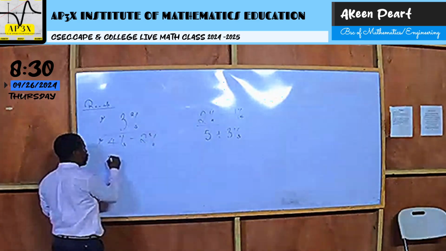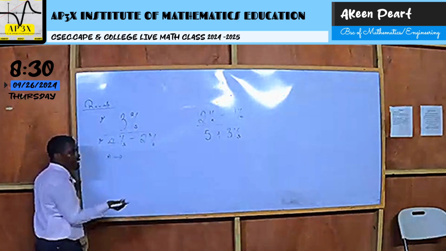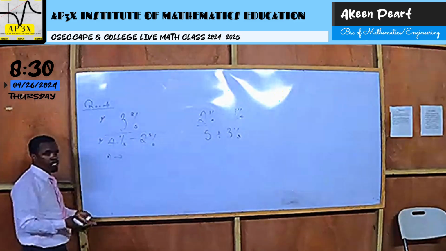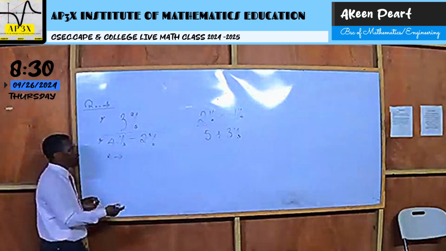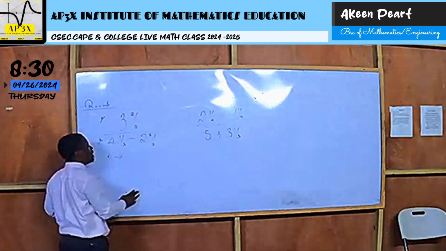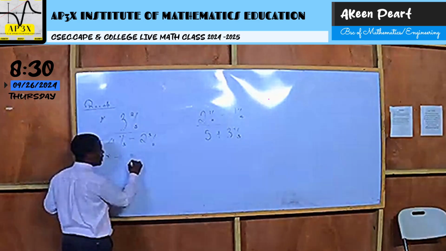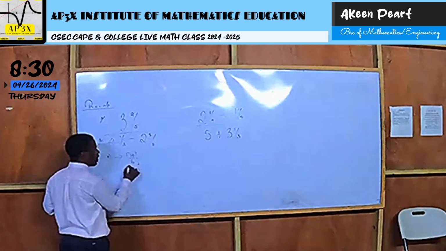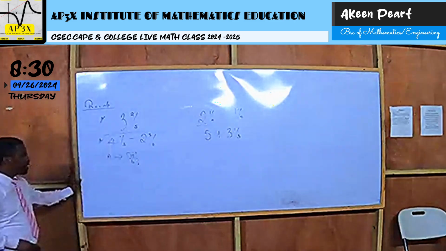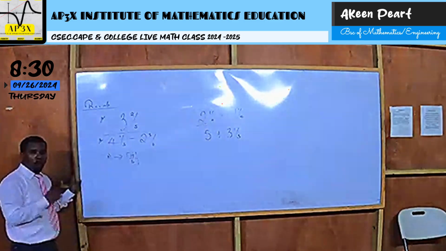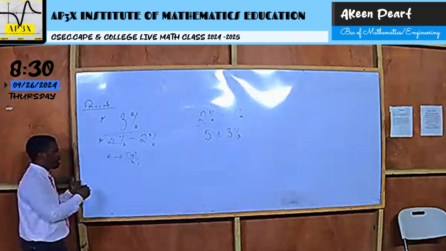So there's nothing to do here except convert. There's nothing to add, subtract, or divide, so just convert. 5 times 3 is 15, 15 plus 2 is 17 over 5. You put a little box around that, not mandatory, but that's just my style, just to remind yourself that I'm coming back to that result in a second.